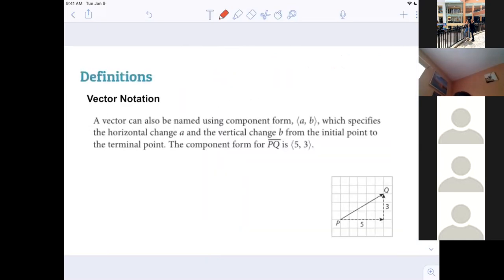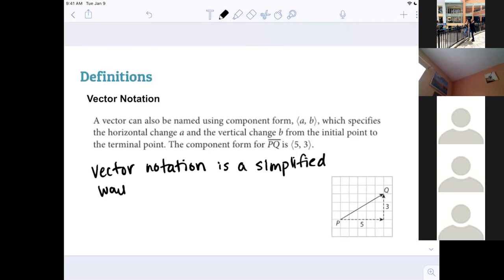So let's go ahead and write down one more definition, I believe. Yeah, it's just one more. They kind of write it a little confusingly, so I'm actually going to rewrite this definition for us.